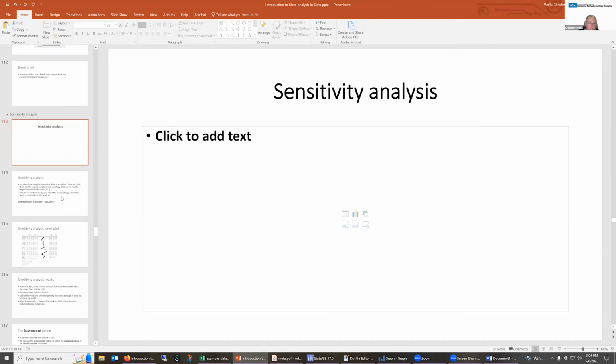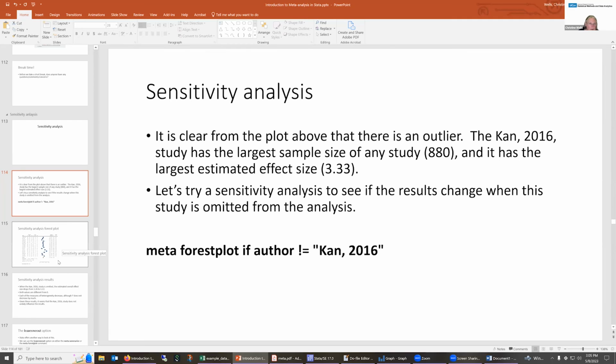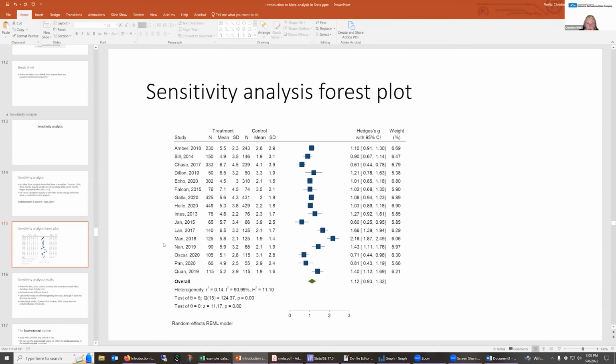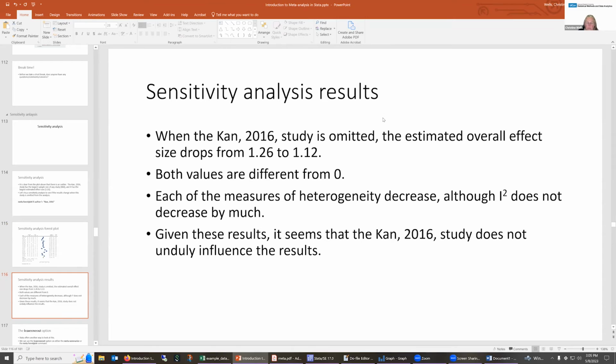We're into sensitivity analysis. Yeah, we ran that. Here's the forest plot, the same thing, leaving it out. Here's our summary. The overall effect size drops from 1.26 to 1.12. Both values are different from 0.